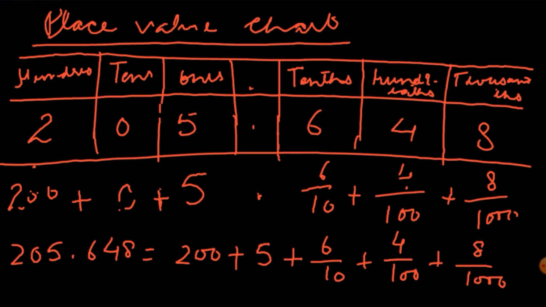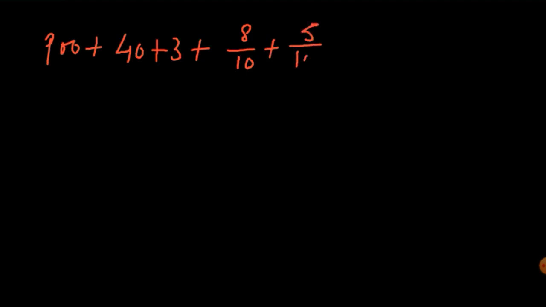Now I'll tell you how to write the short form of a decimal number. Suppose I am given a number 900 plus 40 plus 3 plus 8 upon 10 plus 5 upon 100 plus 6 upon 1000.